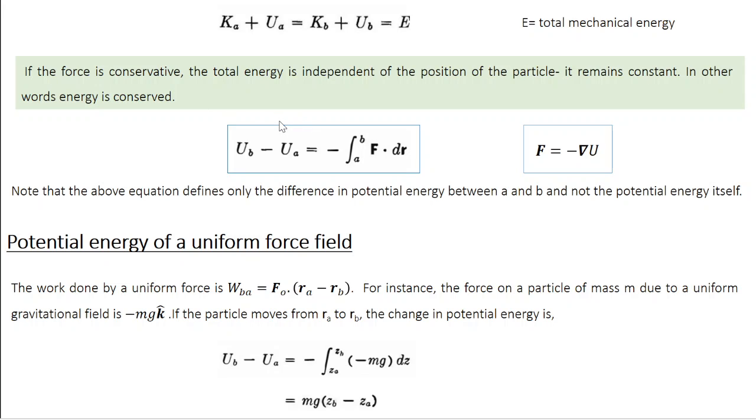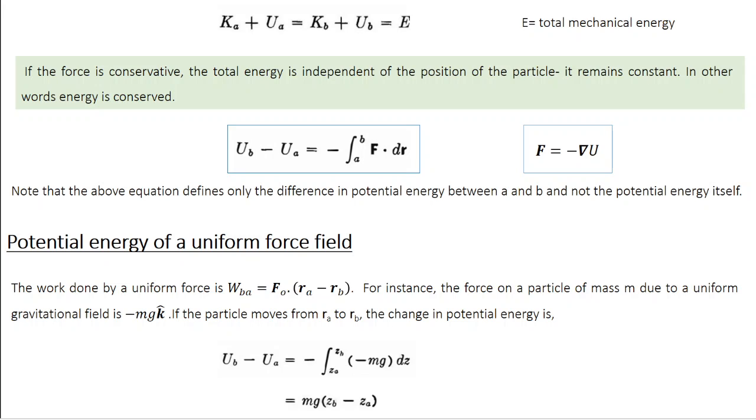Now, one thing you have to particularly note is that whatever we have derived so far is not exactly the potential energy, but the change in potential energy. So if you look at the equation, Ub minus Ua equal to minus integral A to B F dot dr. So the left hand side is not potential energy as such, this is the change in potential energy.